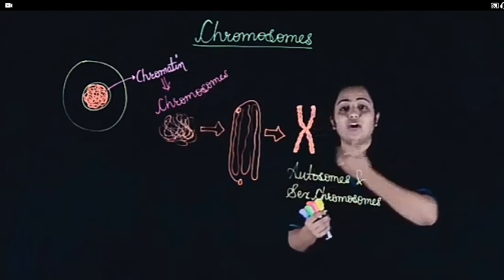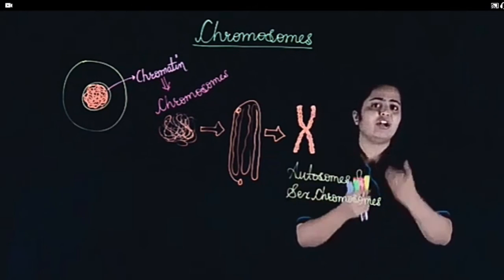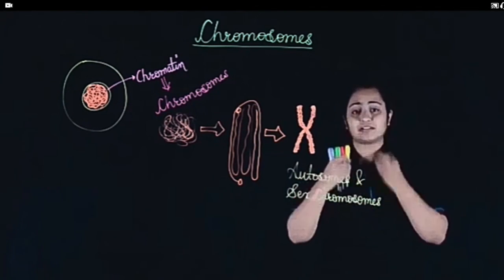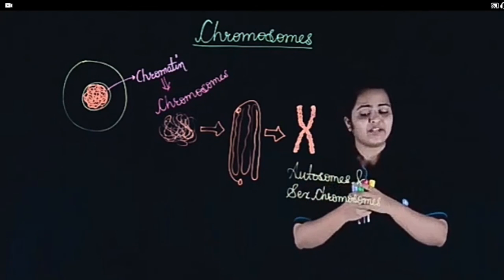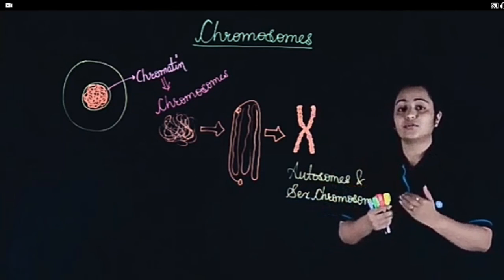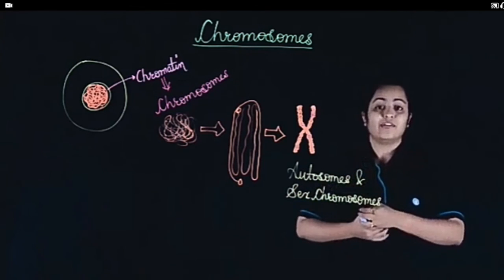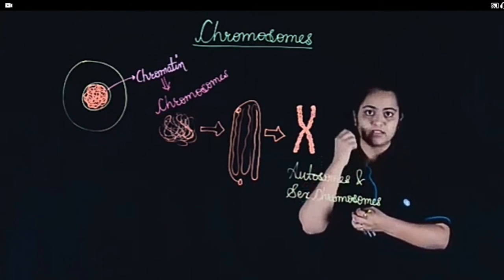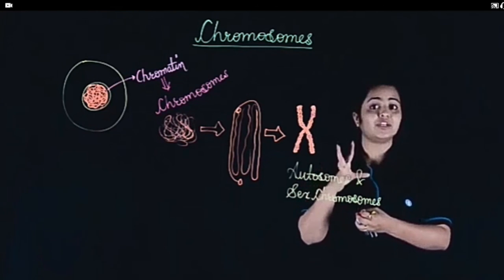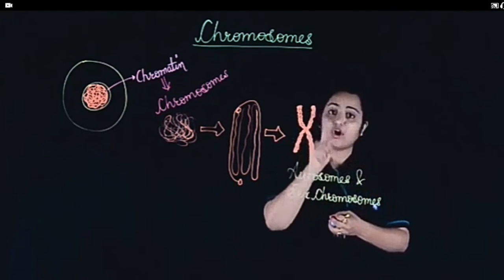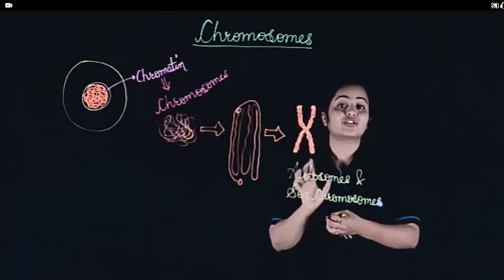Whereas whether it's a male or a female, that means the level of testosterone, estrogen, the hormonal level, the secondary sexual characters, everything will be governed by the sex chromosomes. This is how chromosomes work in all organisms. Whenever you find diploid organisms in which you have males and females separately, you will always find autosomes and sex chromosomes separate.